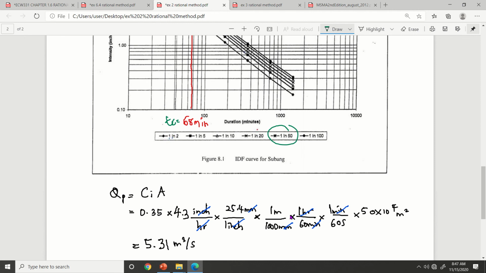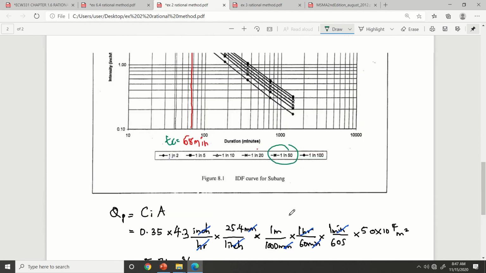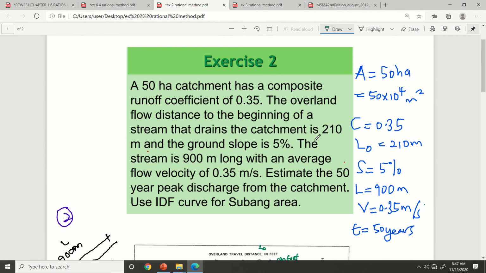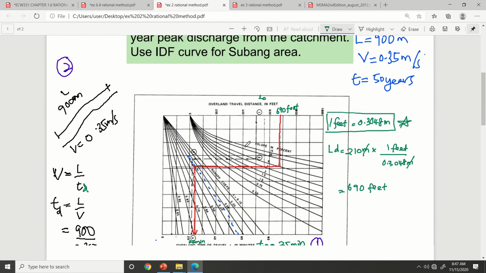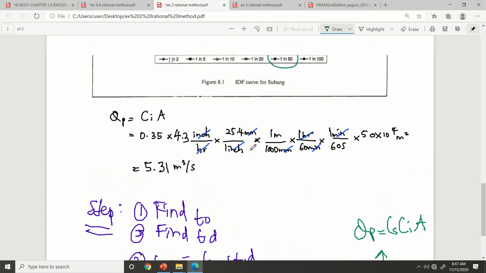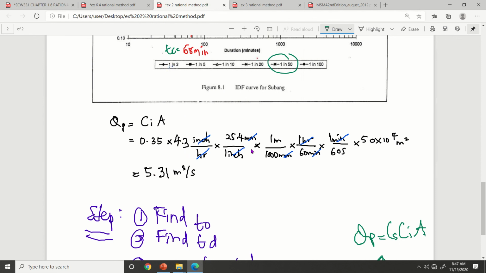And then using the equation CIA, C 0.35, I 4.3 inch per hour converted into meter per second, and area given in the question is 50 hectare, converted into meter square, and then I get 5.31 meter cube per second.